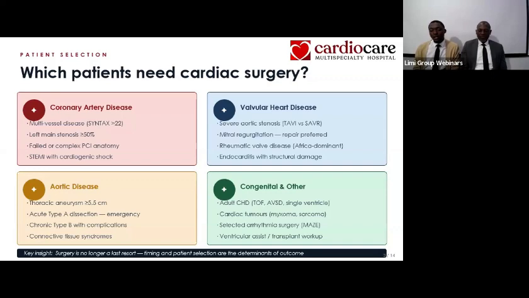Here we go in surgically because of the risk of obstruction, arrhythmias, and embolization, so surgery is preferred for them. We also have selected arrhythmia surgery. In case you have a patient with AFib, we can do a MAZE procedure for them alongside other procedures. Perhaps they also have valvular disease, we can do a mitral valve surgery for them alongside the MAZE procedure.